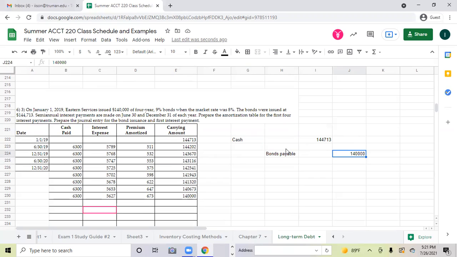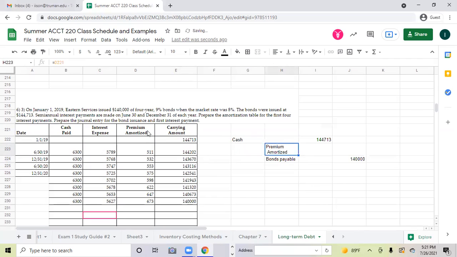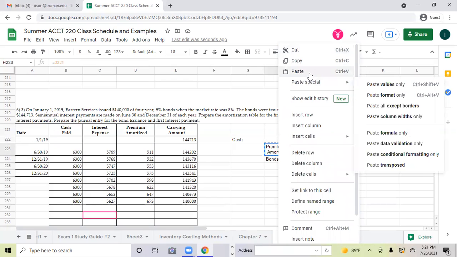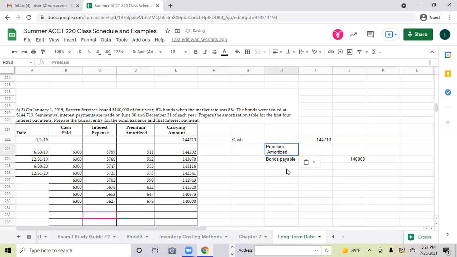And then the difference is going to be premium amortization, or better to say, premium amortized. Where's my paste? Instead of premium amortized, it should be... oh, there we go.